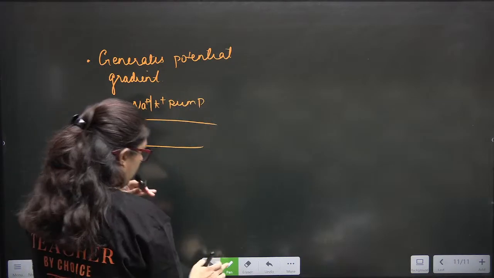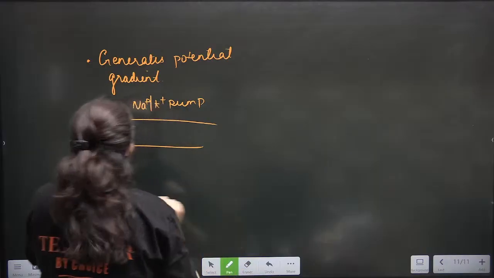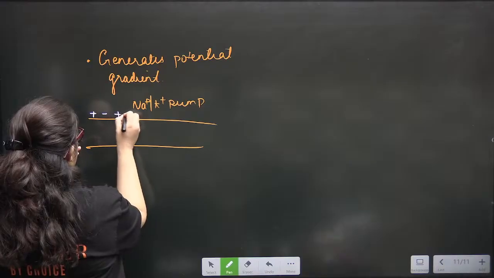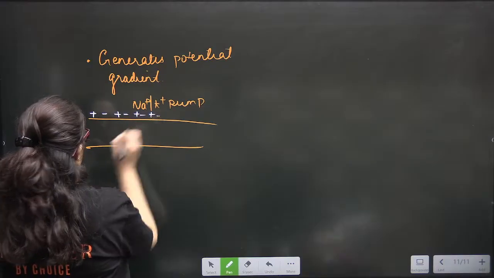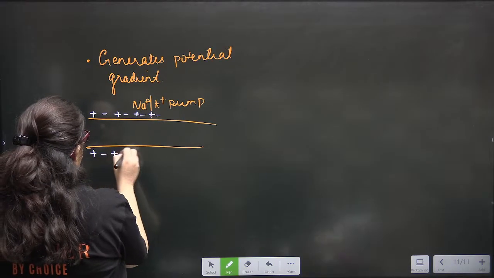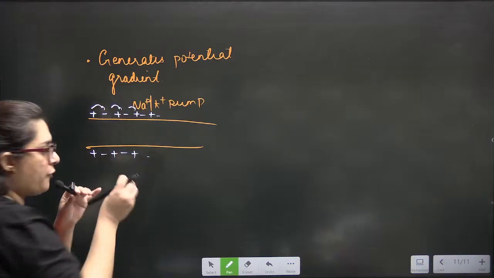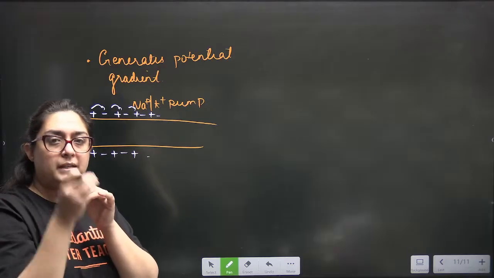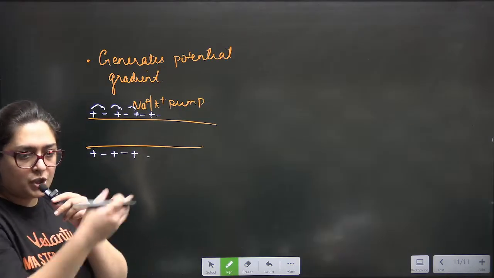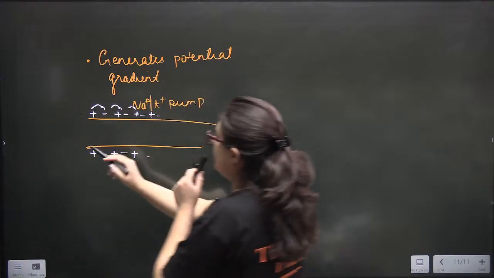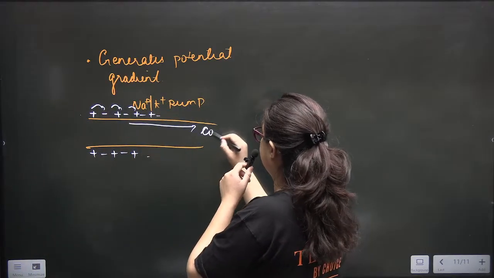There is plus, minus, then again plus, minus, plus, minus. Transfer of impulse only occurs when the charges keep on changing. So this is generation, and this is conduction.